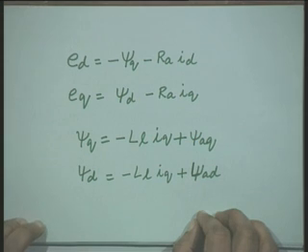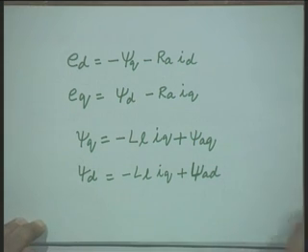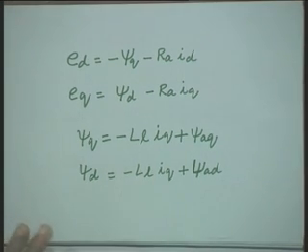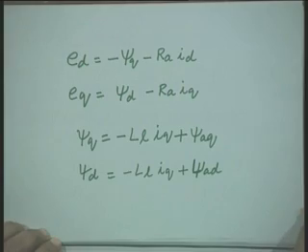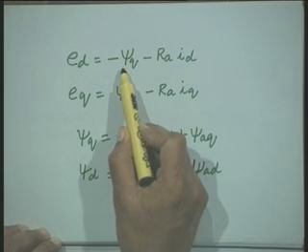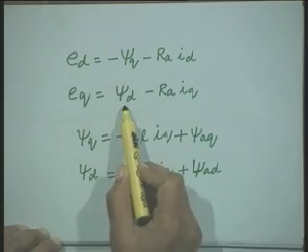Then we will be further making use of the stator circuit equations now, because the stator circuit is connected to the infinite bus through a transmission line, that is a machine infinite bus system. And we have the standard equations, that is E D equal to minus psi q minus R A I D, E q equal to psi d minus R A I q.